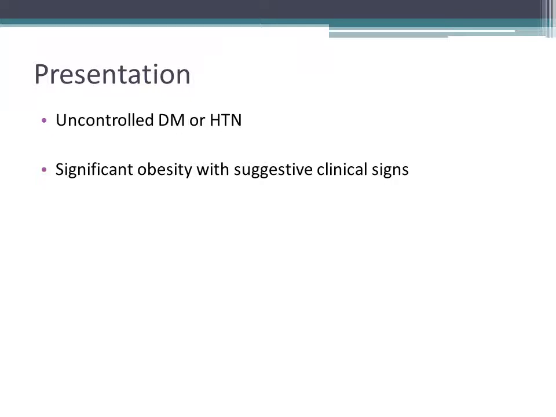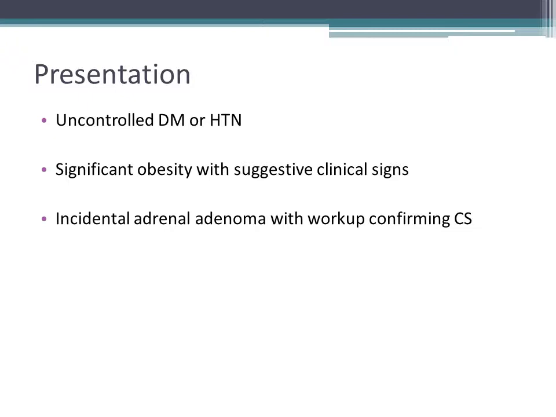Maybe somebody can present with significant obesity with some other features of Cushing syndrome that lead to the diagnosis. Patients presenting with incidental adrenal adenomas are worked up, and we can sometimes confirm Cushing syndrome. If I see osteoporosis in a young person, I start looking for secondary causes because it's not common in this age group, and we can pick up cases of Cushing syndrome that way.